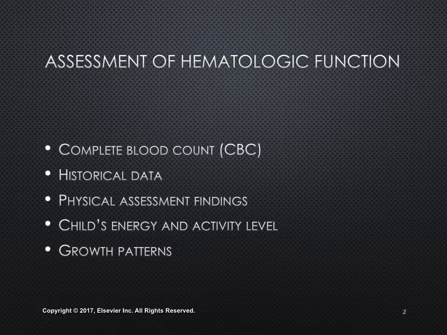So we're going to be asking parents to describe incidents that will give us more information when we're looking at the historical data. We also look at the child's energy and activity levels and their growth patterns.